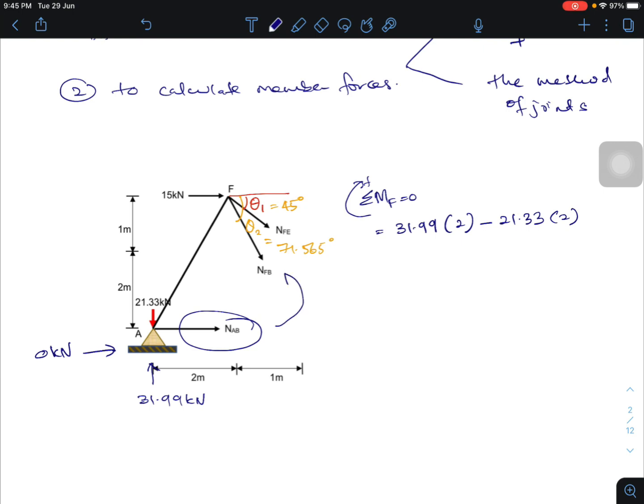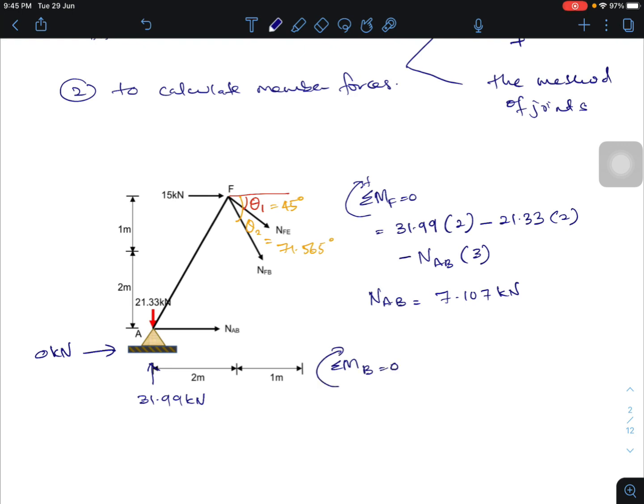It will rotate anti-clockwise about joint F, so minus NAB times the vertical distance from A to F of 3 meter. So NAB becomes 7.107 kilonewton.